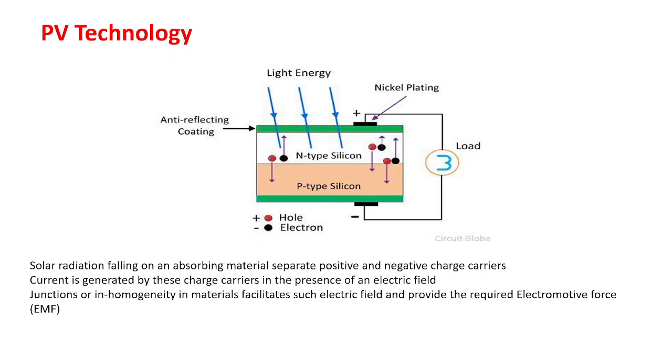To generate current, these charge carriers have to pass through an electric field, which comes from the junctions in the material, or simply the inhomogeneity, meaning the material is not homogeneous in nature. Somewhere there is some voltage fluctuation, which facilitates the required electromotive force, and that ultimately helps in current generation.